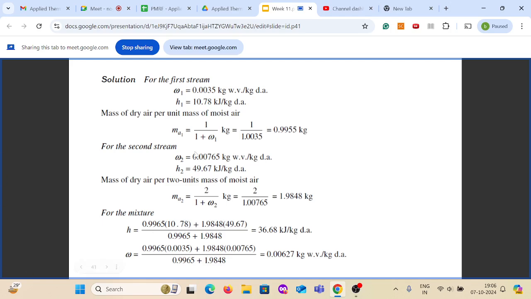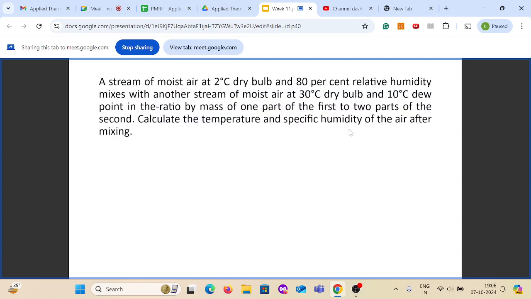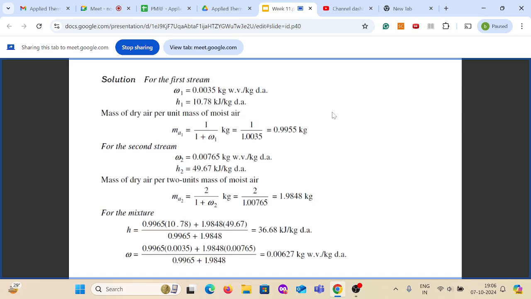So for the second stream, similarly, for the given conditions of 30 degree Celsius dry bulb and 10 degree Celsius dew point, we can find the properties by calculation if you want, but easier is to find it from the psychrometric chart.